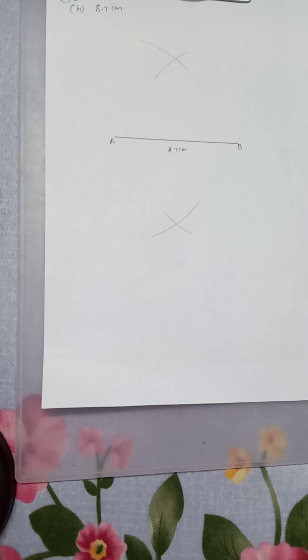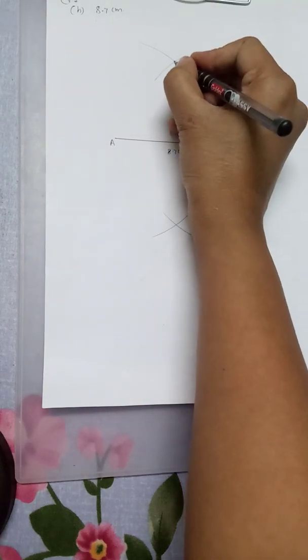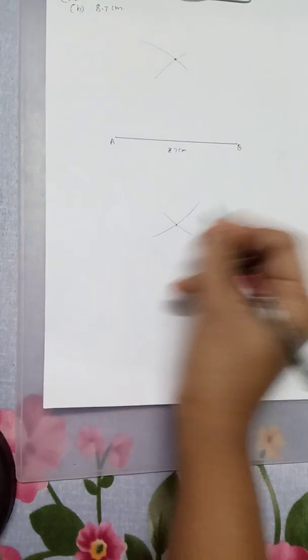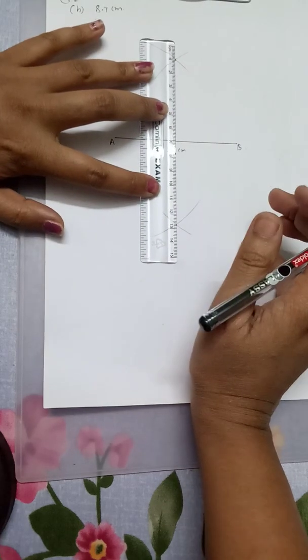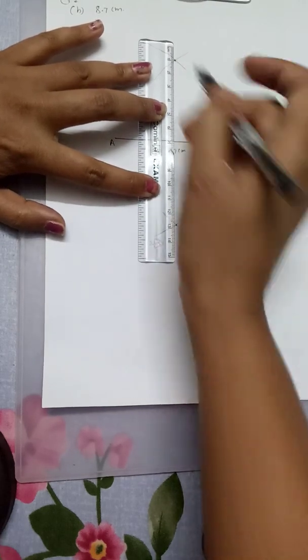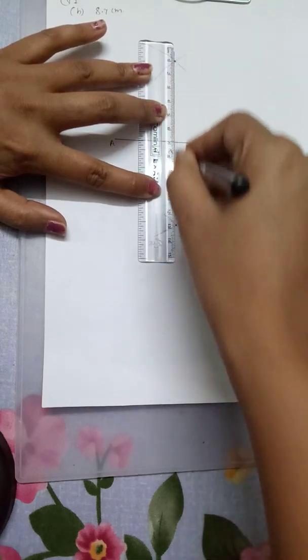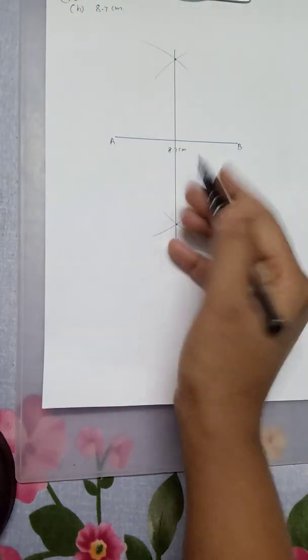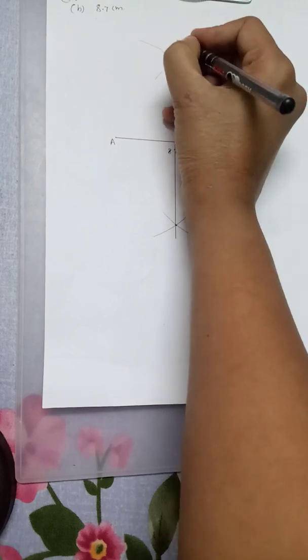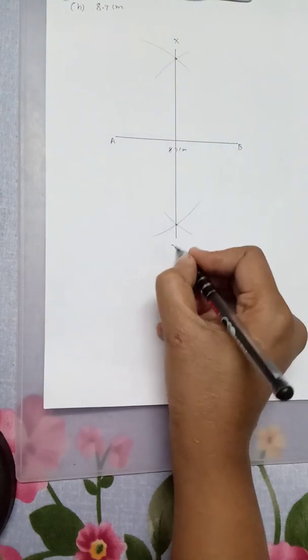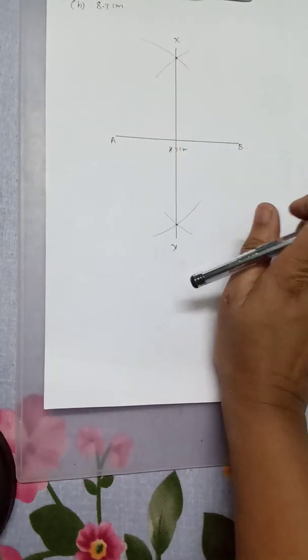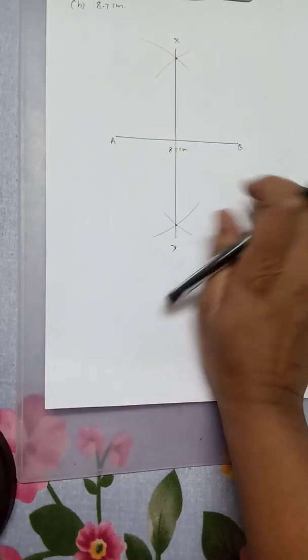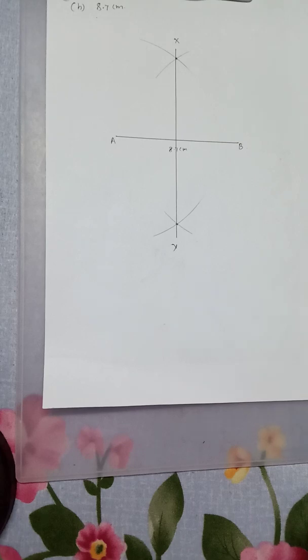Now we will get two intersecting points. Now you can join this line. We can name the points X and Y. So this is the perpendicular bisector of the 8.7 centimeter segment. It will divide it into two parts like this.